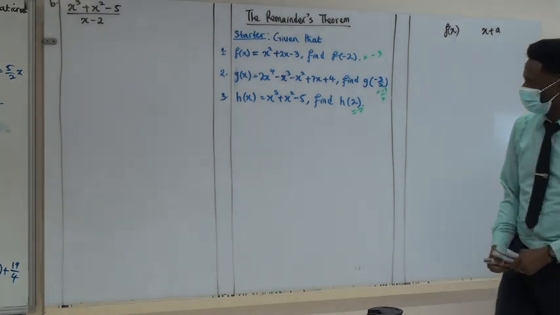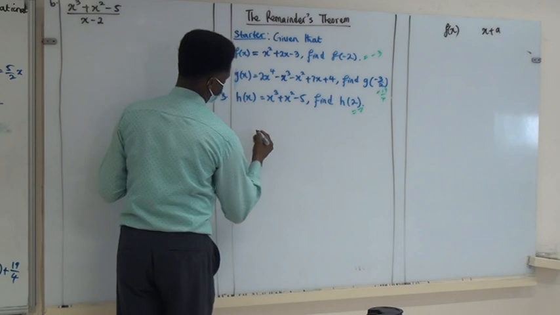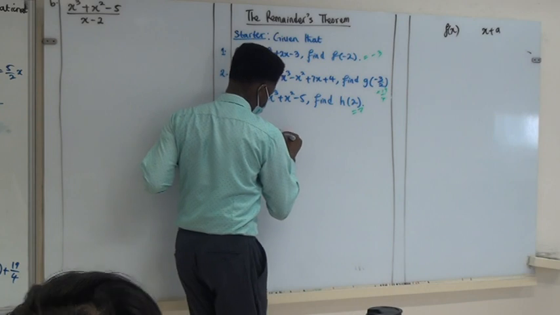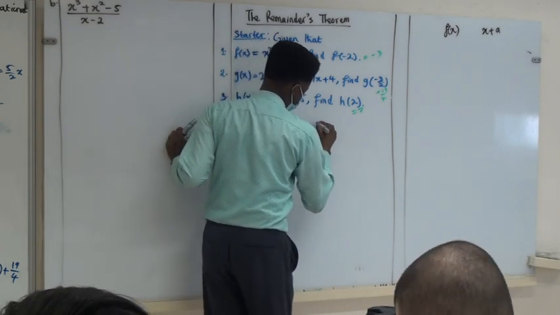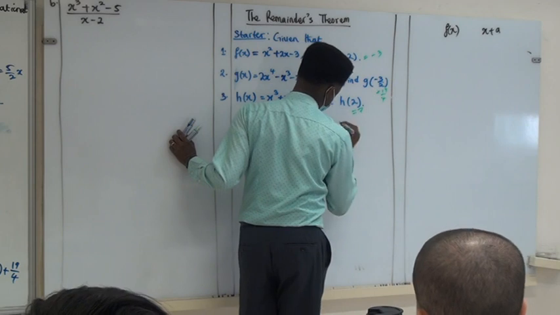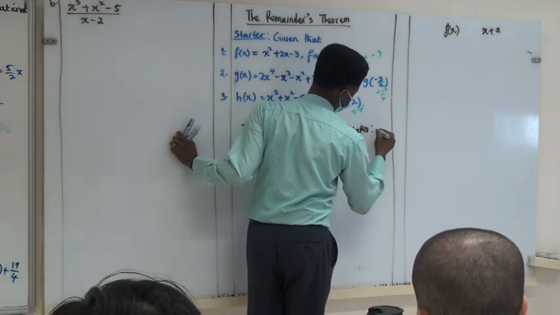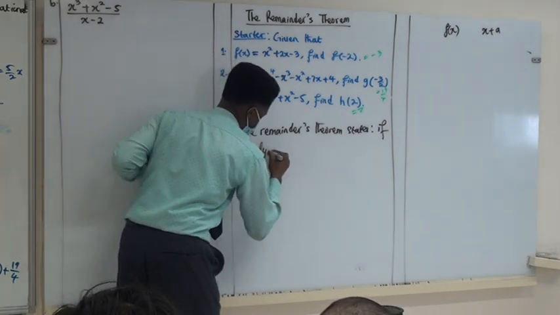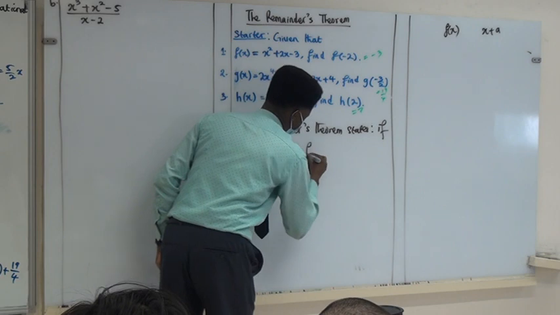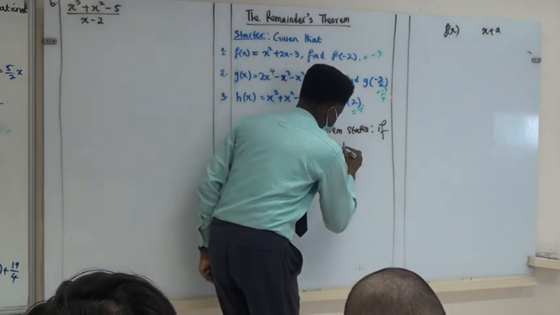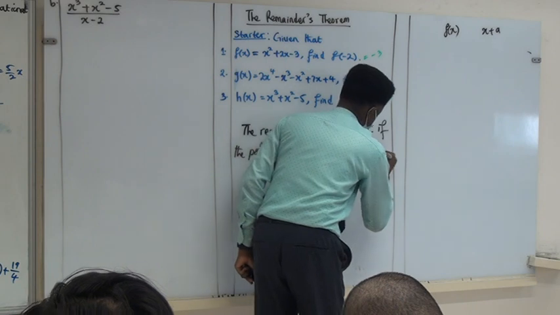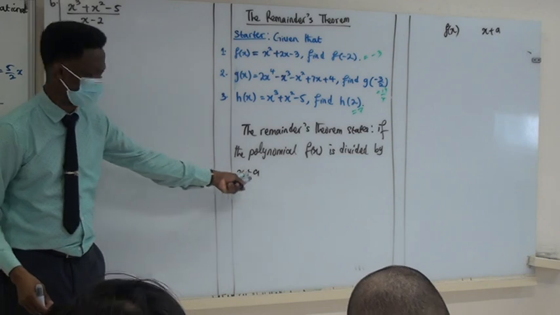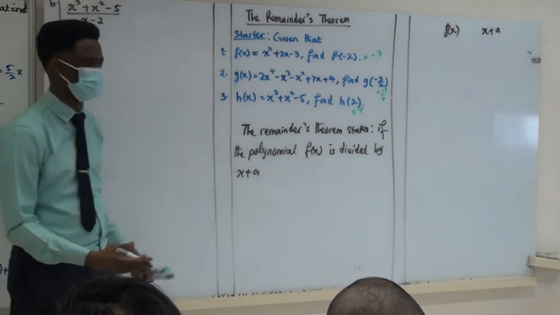Okay? So the remainder theorem states, let's write. If the polynomial f of x is divided by x plus a, of course it could be 2x plus a, mx plus whatever, just equate it to 0.